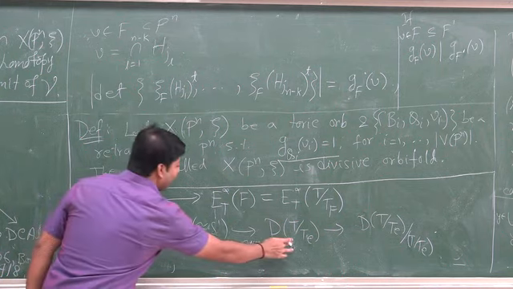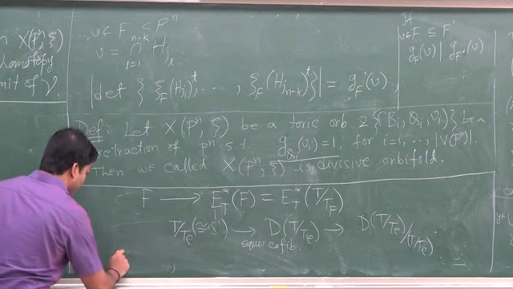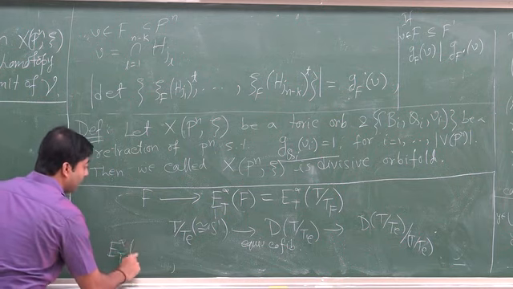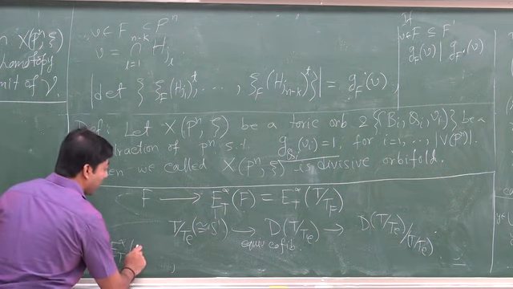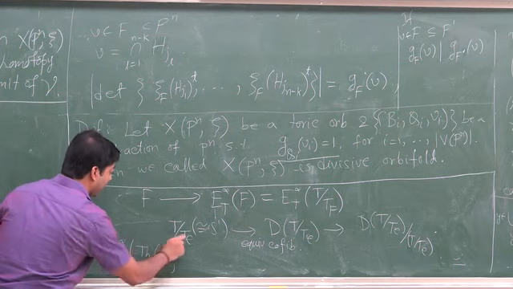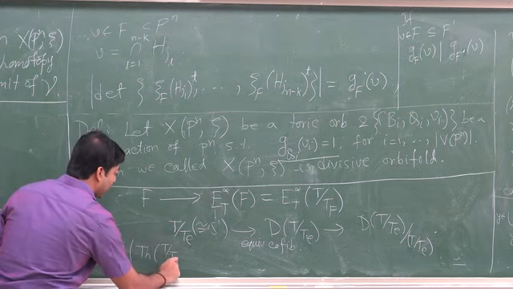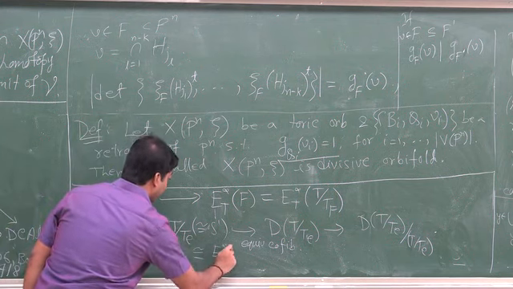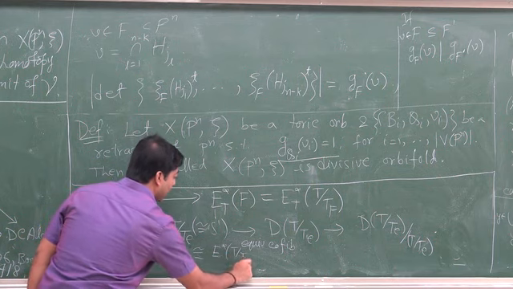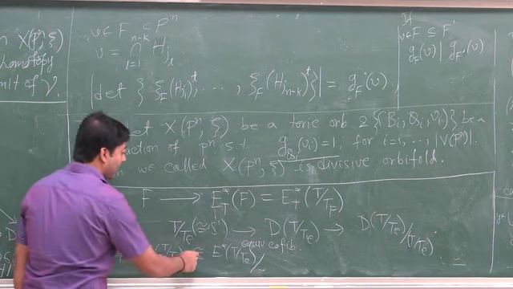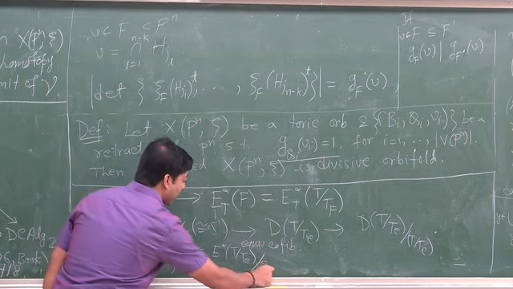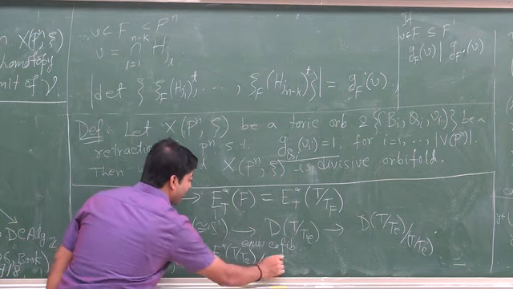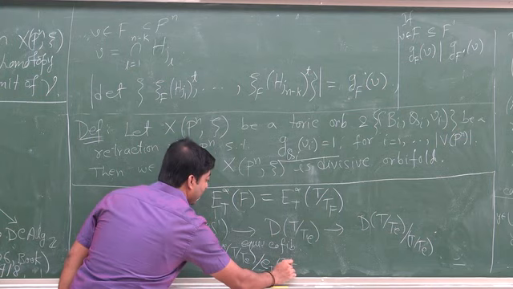But this is contractible, so we get an isomorphism in E star T and the Thom space of this T mod T_E. So this will be isomorphic to E star of T_E quotient by the equivariant Euler class here.